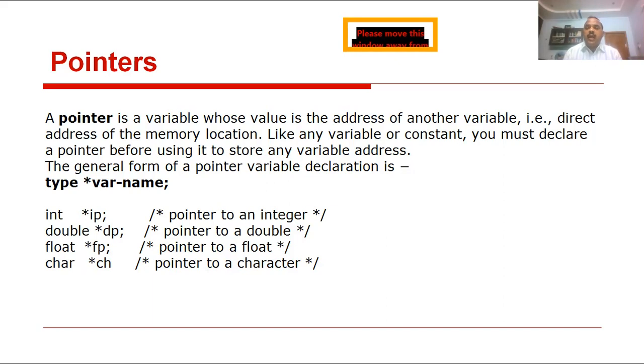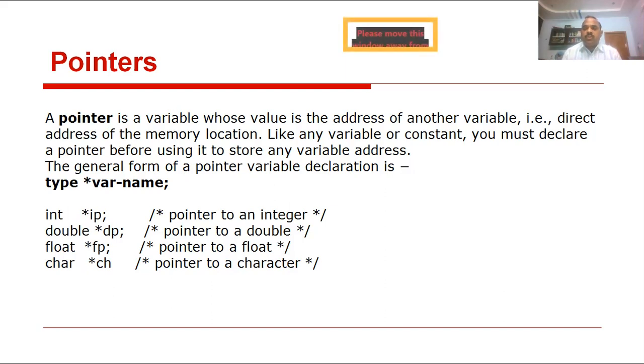Here, simply, the ampersand operator is used to show the address of the variable. Then the asterisk operator is used to show the value at a particular address location.